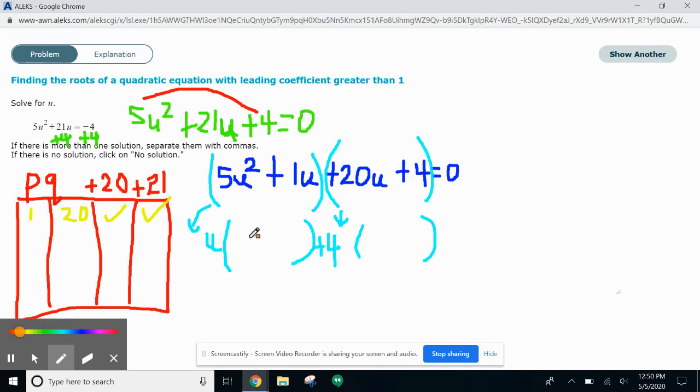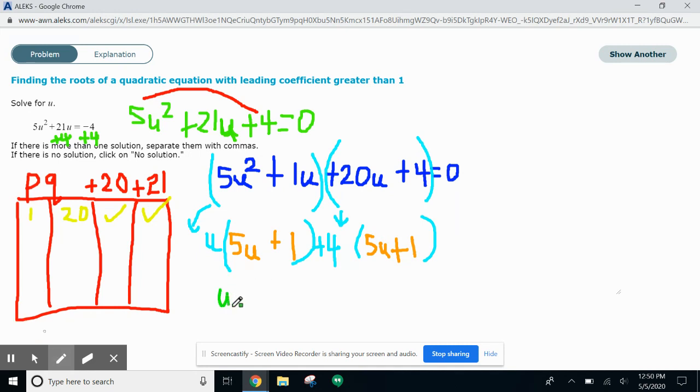And so now I have positive 4 here, and on the inside, in orange, if I took those out, I'll have 5u plus 1. And over here, if I take out a 4, it'll be 5u plus 1. All right, so the oranges match, which is good. And now I'll rewrite the whole thing in green.